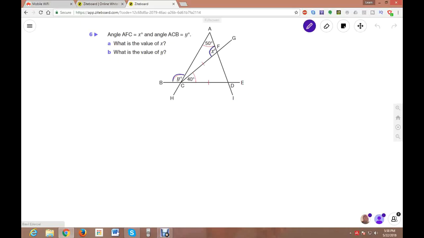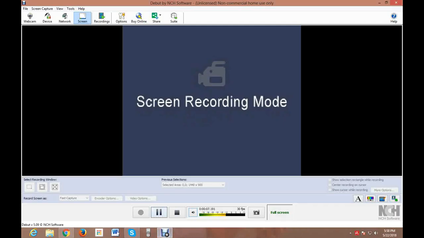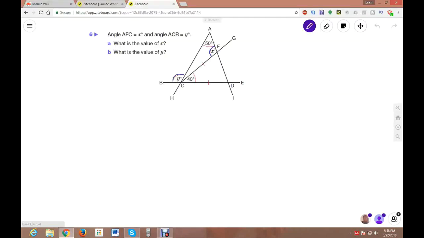Over here you can see that this triangle over here is an isosceles triangle, this CFD or CDF, this triangle. This is your beautiful isosceles triangle, and so whatever the angle over here is the angle over here.